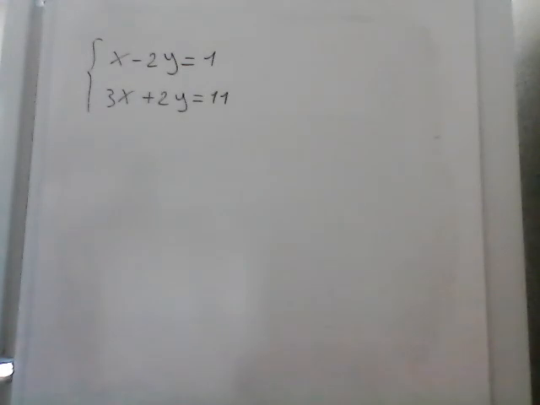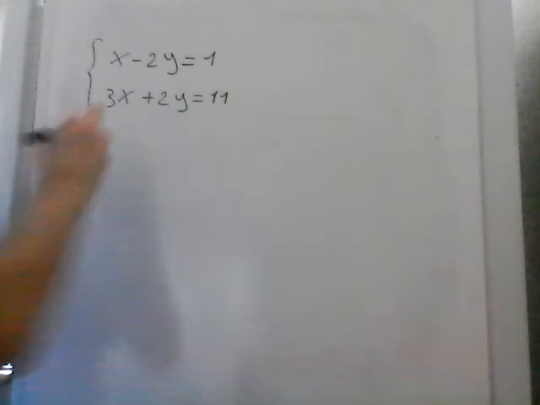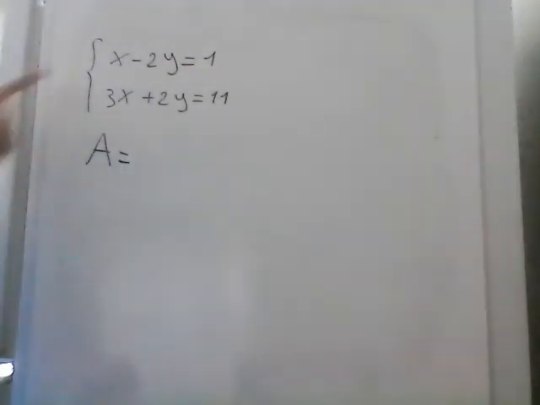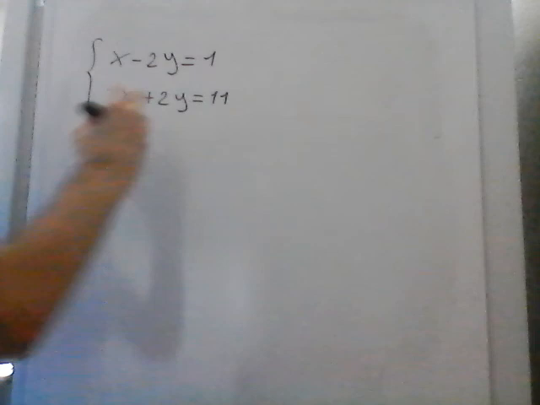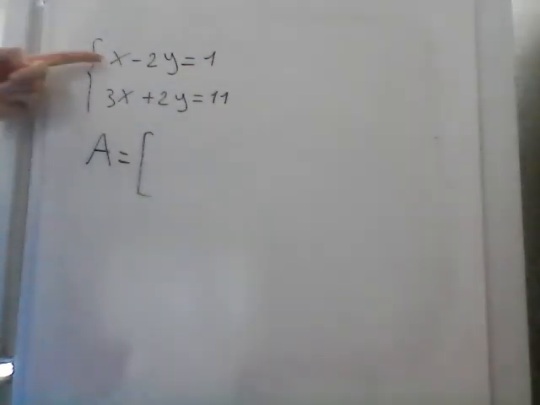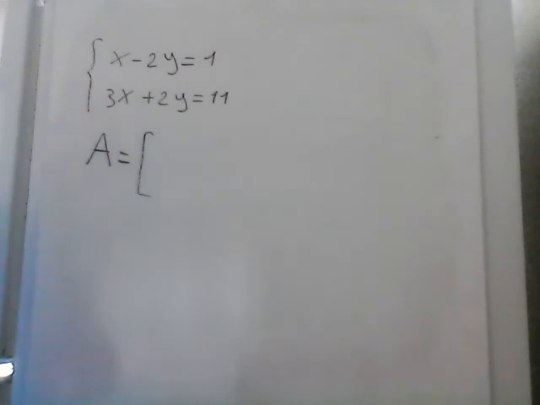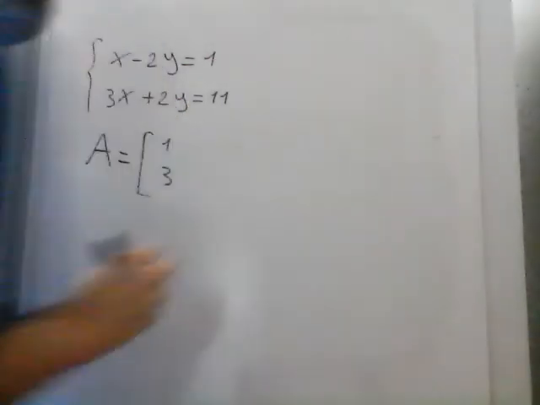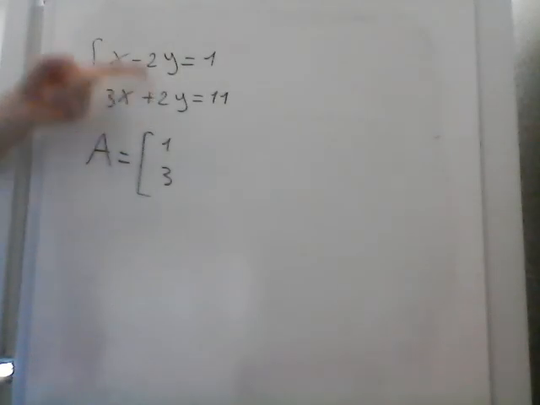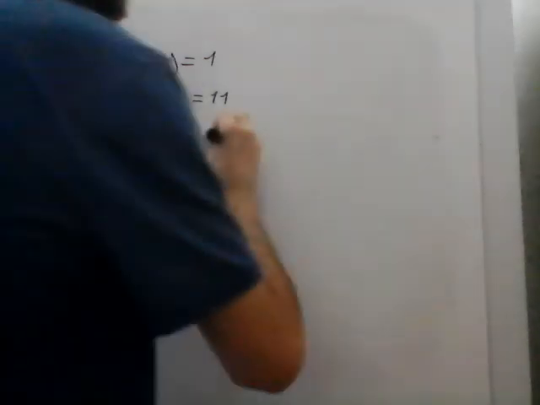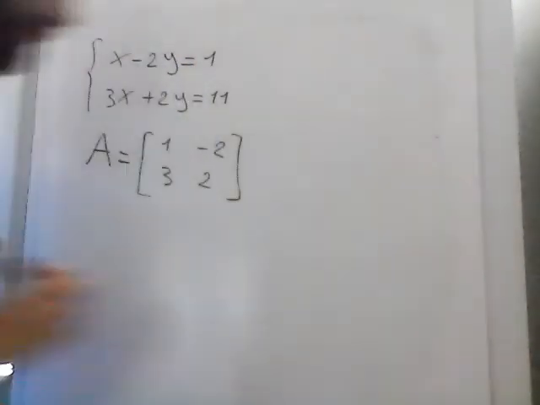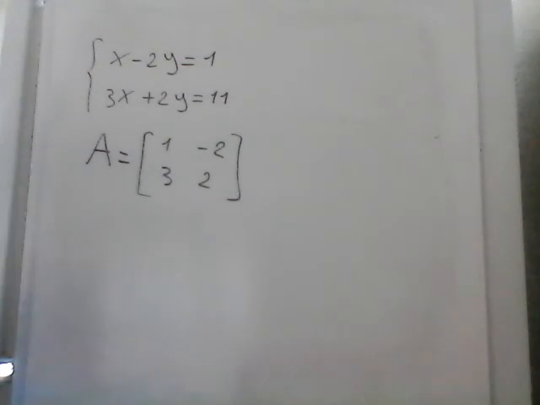Then the matrix A is given by the coefficients in front of the variables on the left-hand sides of the equations. In the first column, we put the coefficients in front of the first variable, which is x. So here we have 1 and here we have 3. In the second column, we put the coefficients in front of the second variable, which are negative 2 and 2.